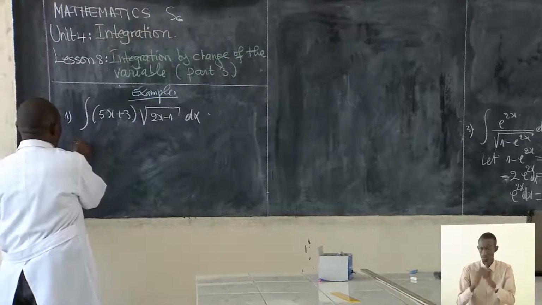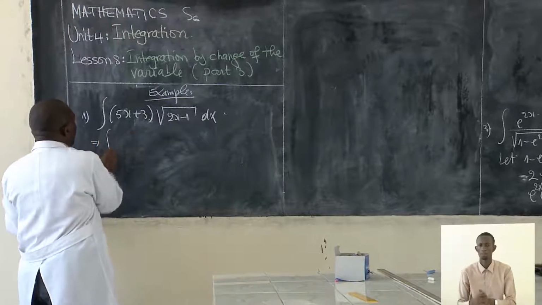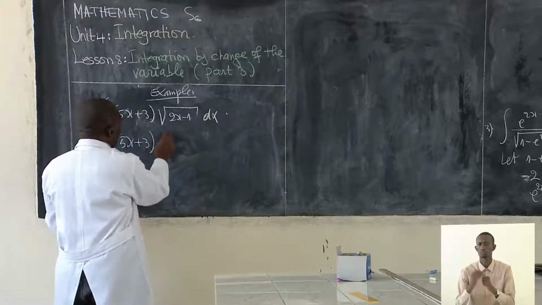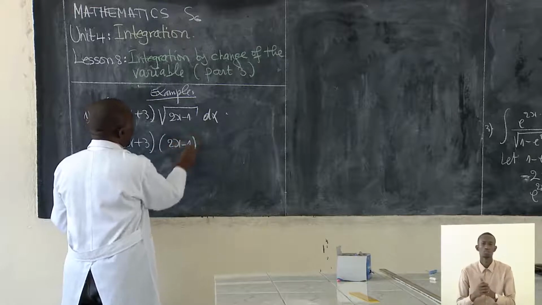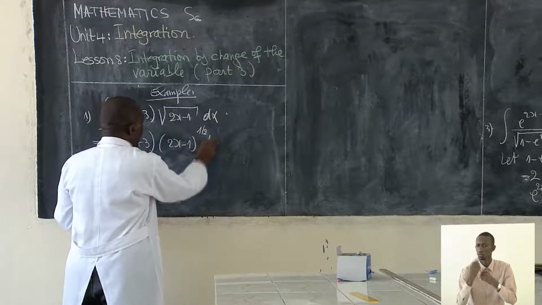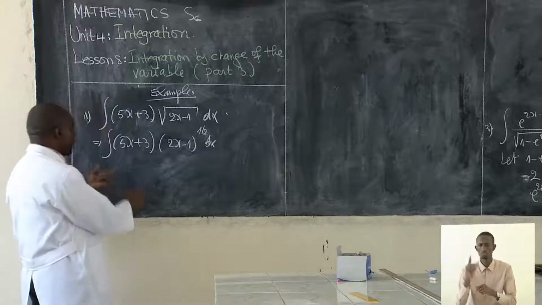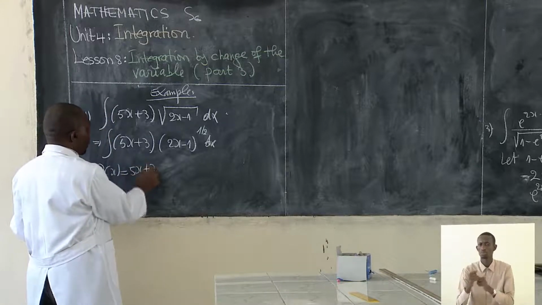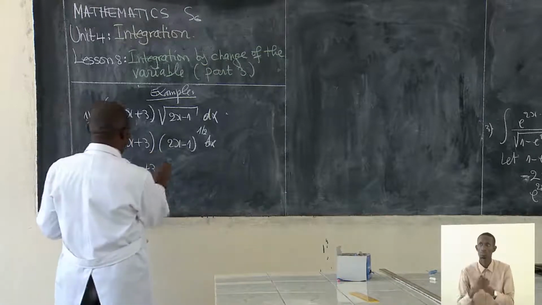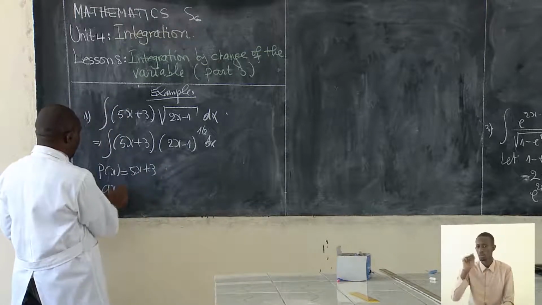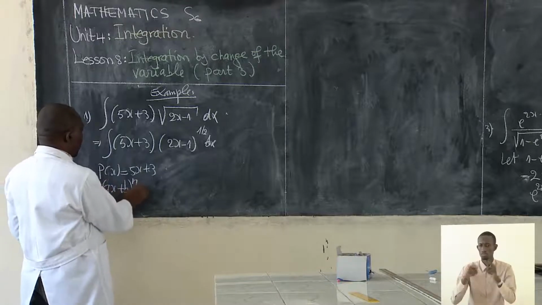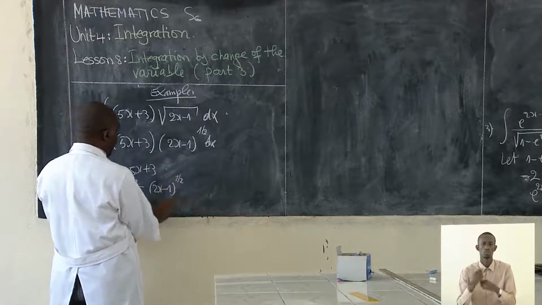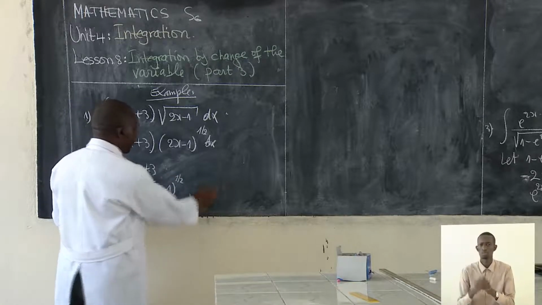This can be written like the integral of 5x plus 3 times 2x minus 1 power half dx. You see that? P of x is equal to 5x plus 3. And here, ax plus b power n is 2x minus 1 power half. Means that n is equal to a half.